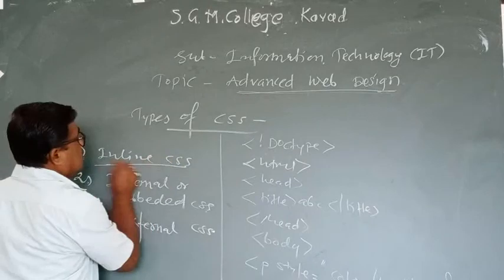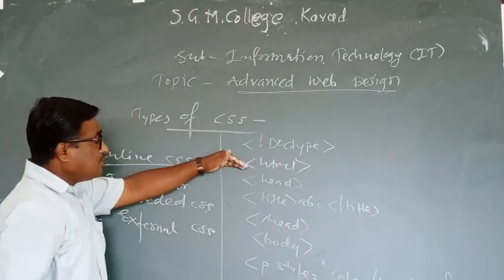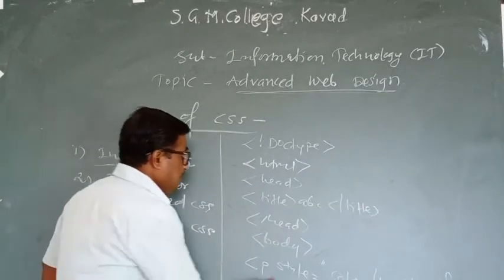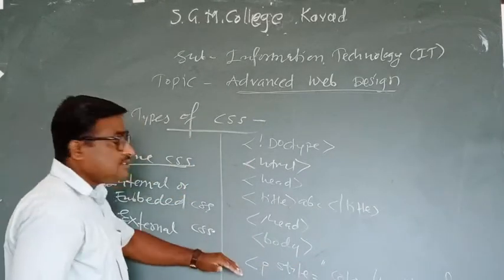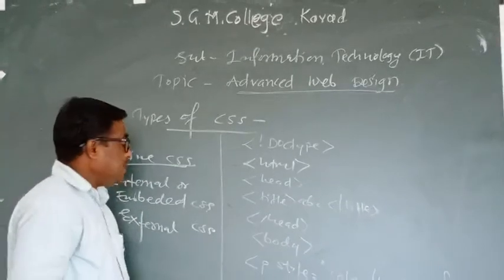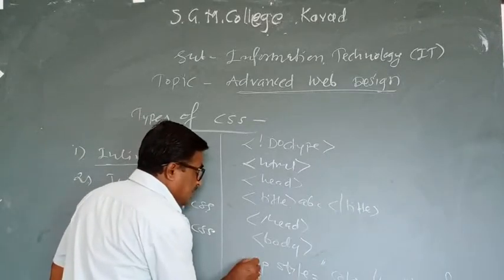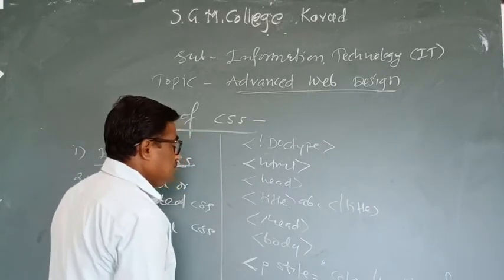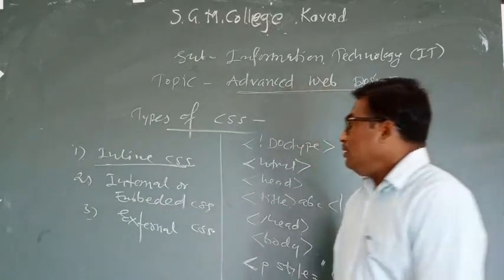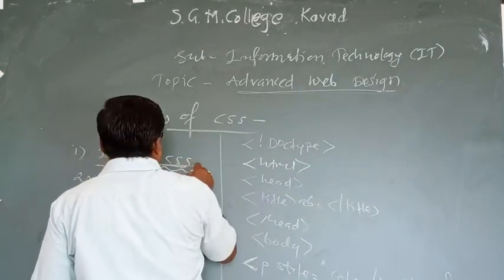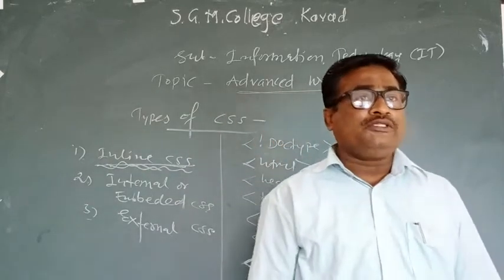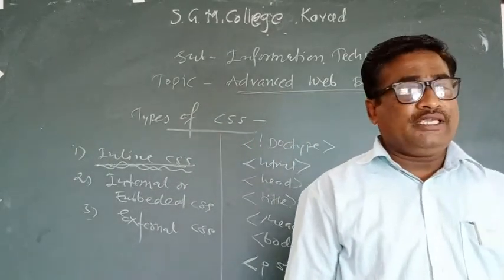In the first type, the style is used as an attribute of any tag, which is written in a tag mark or angular bracket, and applied on any statement or sentence. In inline CSS, if we have to apply CSS on a single statement or single line, then we use inline CSS.